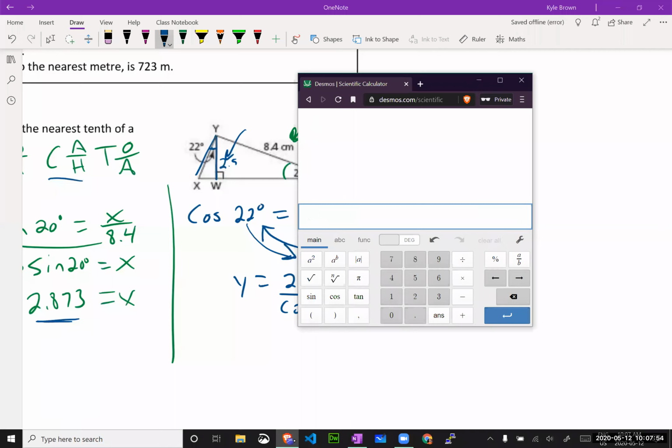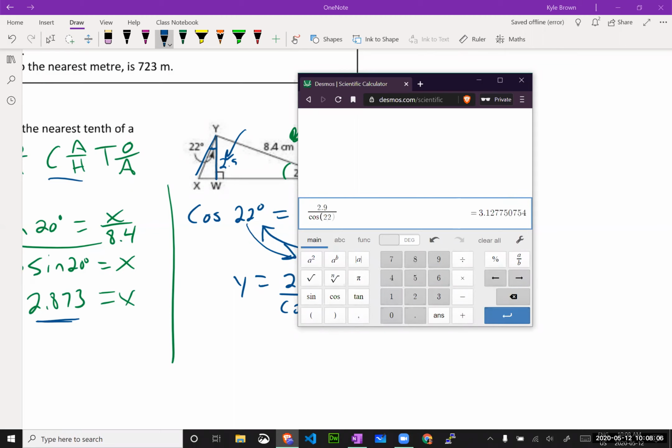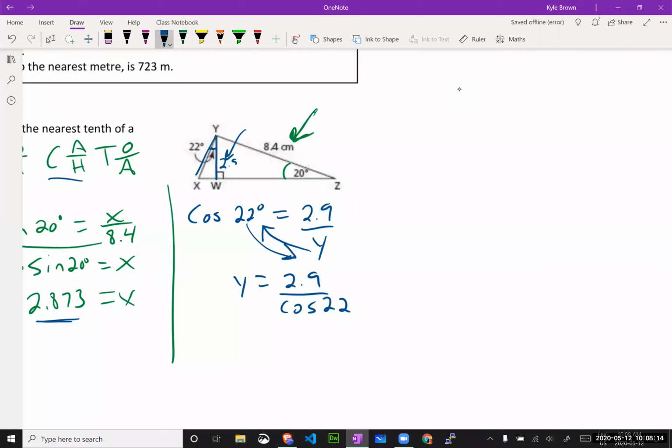So 2.9 divided by cos 22 is equal to 3.1, and that was in centimeters. So that was side length xy.